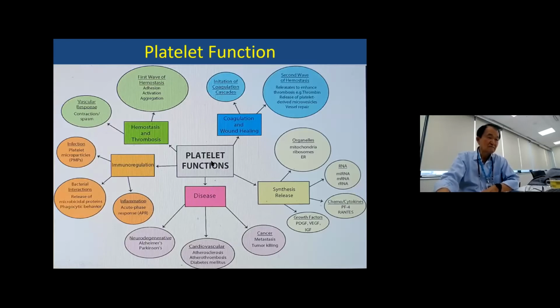Platelets are involved in almost all kinds of our body functions. Besides the cardiovascular atherosclerotic process, even Alzheimer's and Parkinson's, all this is also microangiopathy.